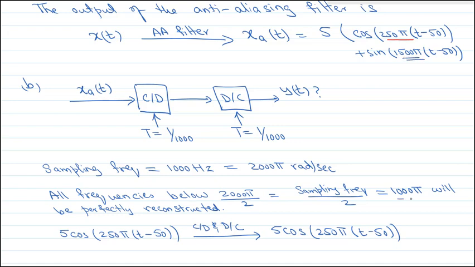1500 pi is higher than 1000 pi. So there will be aliasing of frequencies. How do you figure out what the aliasing is going to be? Well, we'll use our periodic repetition expression.